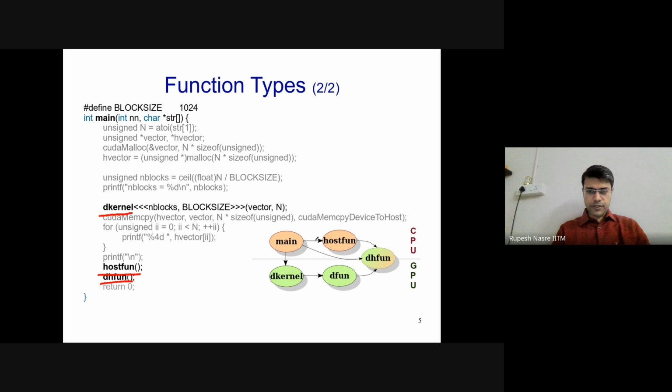Main can call a host function, main can call a kernel, and main can also call a device host function. Similarly, a host function can call dhfun, but a host function cannot call dfun. That is one difference. Kernel can call dfun, and dfun can call dhfun.